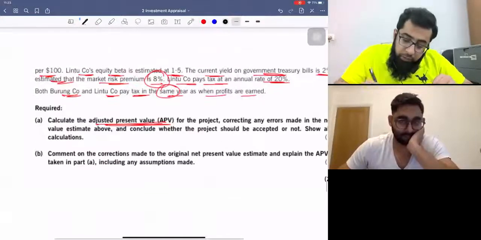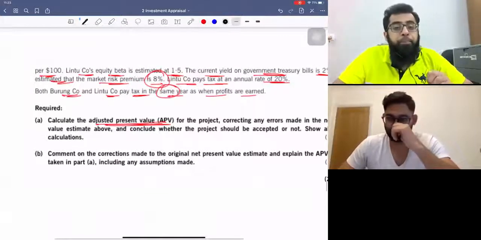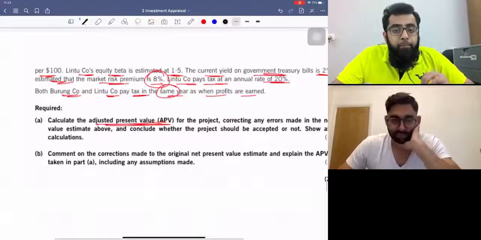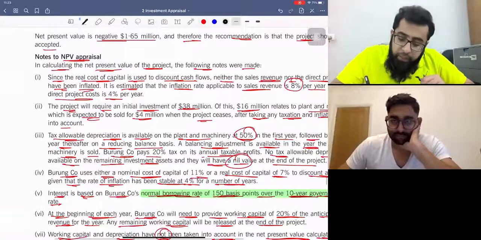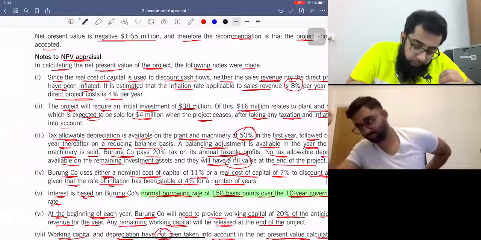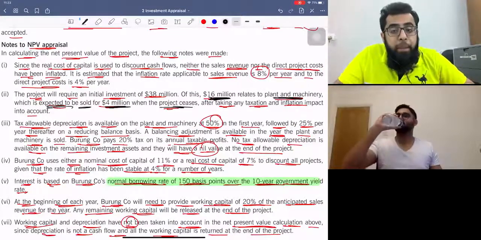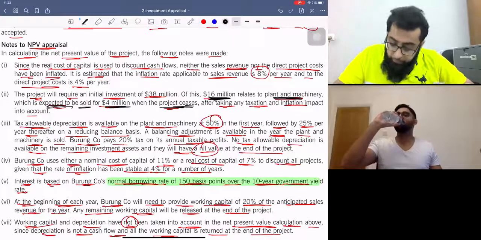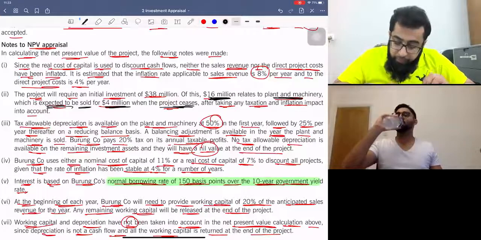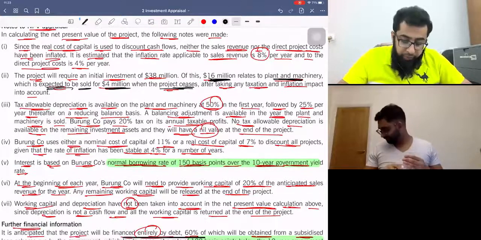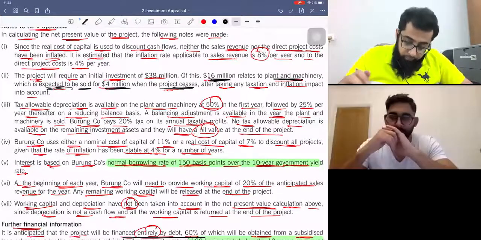If you look at it here, $16 million was the value of the plant and machinery, which is expected to be sold for $4 million when the project ceases. So these are the capital allowances: 8, 2, 1.5 and 0.5.